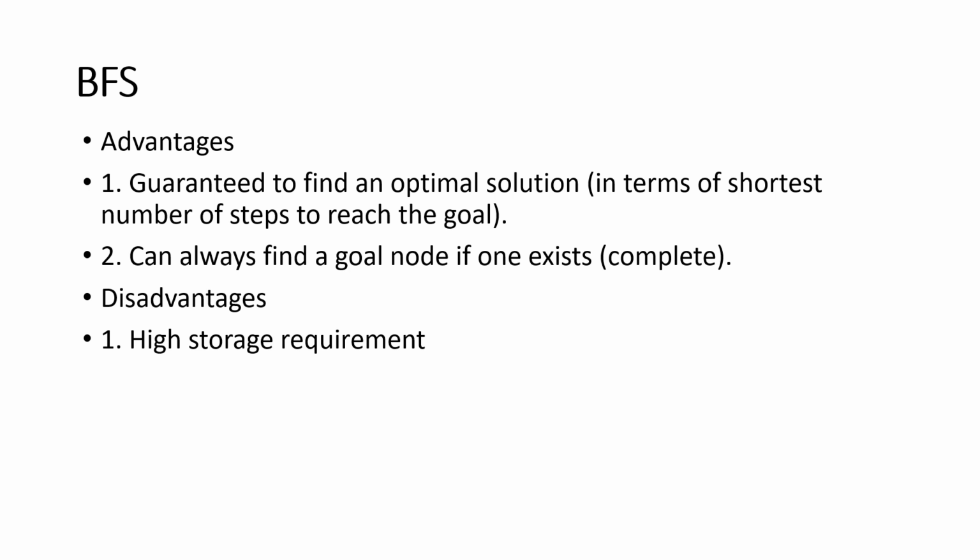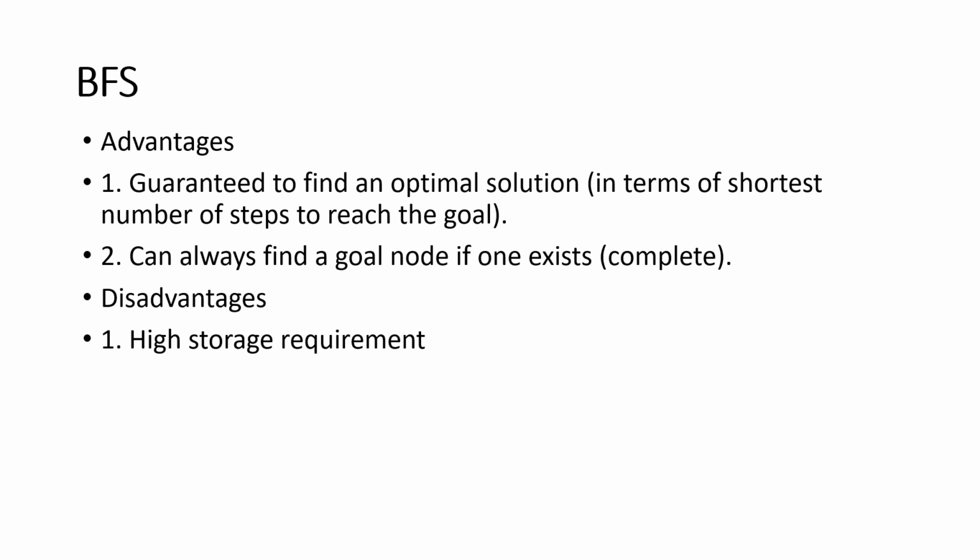That means if you are considering all path costs equal, then it is the optimal solution. For example, finding the shortest path in an unweighted graph, or the minimum number of moves in a puzzle, are examples. BFS always finds the shortest path if each action has equal cost. So that is the first advantage.